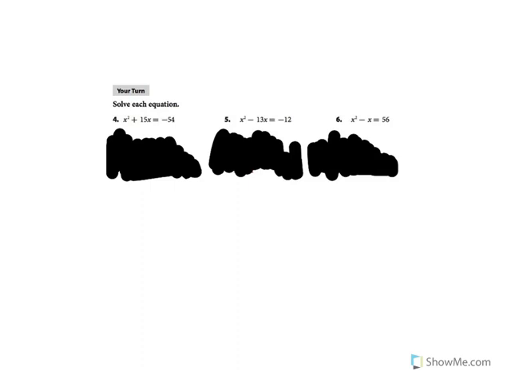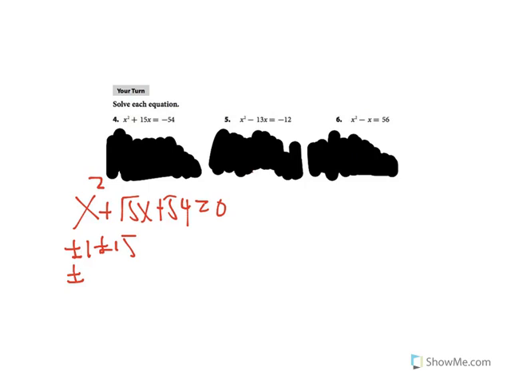Okay, so for number 4, write it in quadratic form. So x squared plus 15x plus 54 equal to 0. Right? So then the factors of 54 are plus or minus 1, plus or minus 54, plus or minus 3, plus or minus 18, and plus or minus 6, or plus or minus 9.